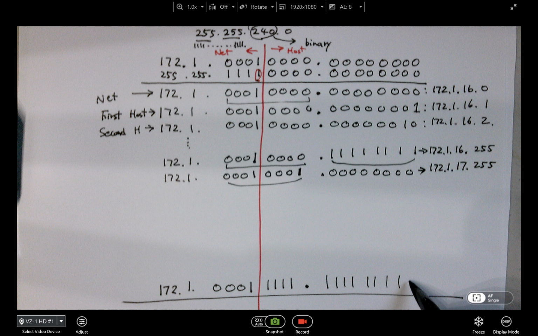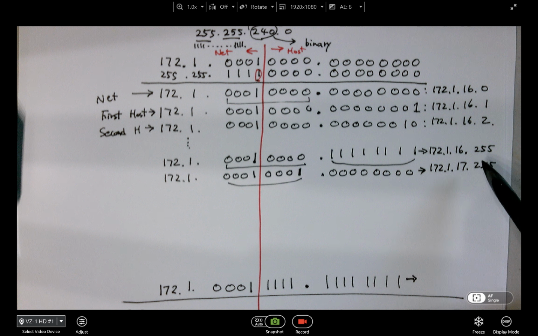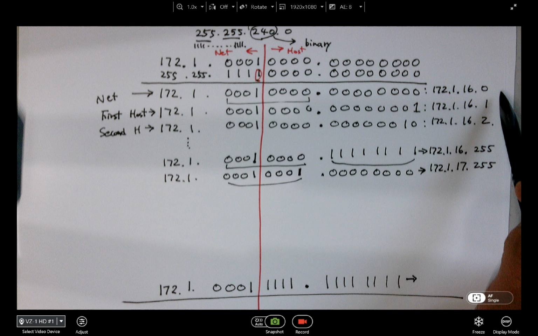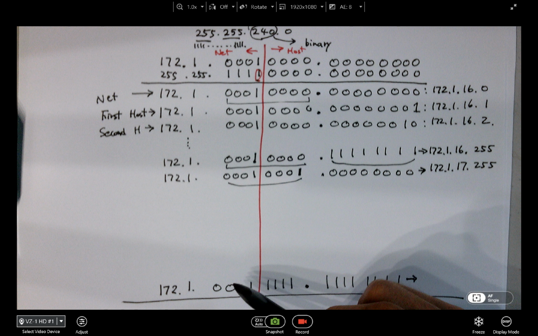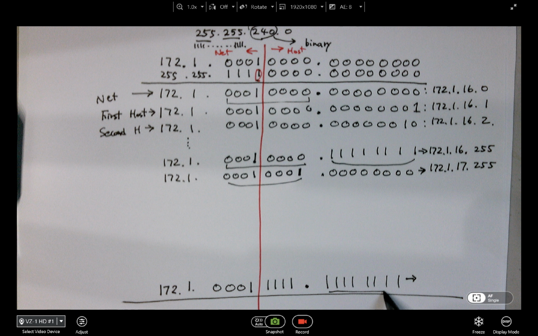And so, by the way, for the test and for the quiz, decimal number is what I want. So when I ask you, okay, what is the broadcast address, you have to always give me the decimal number, not the binary form. So we know that this is a 255.